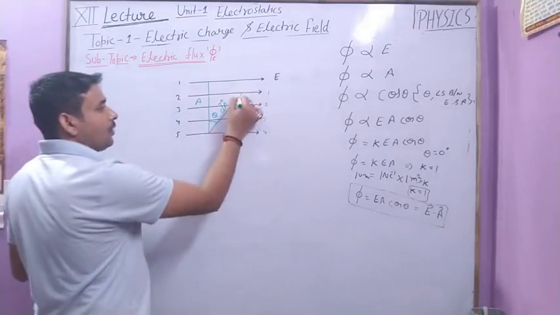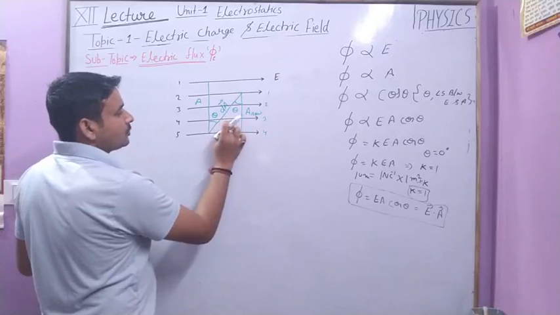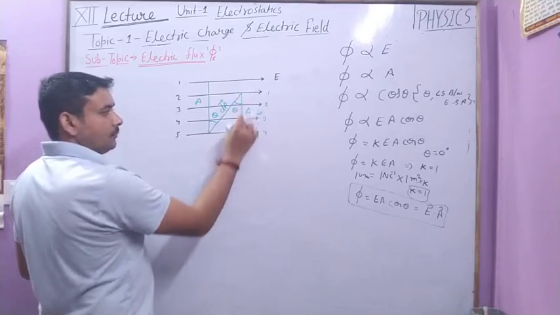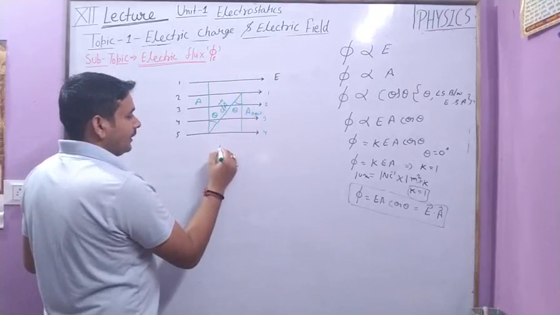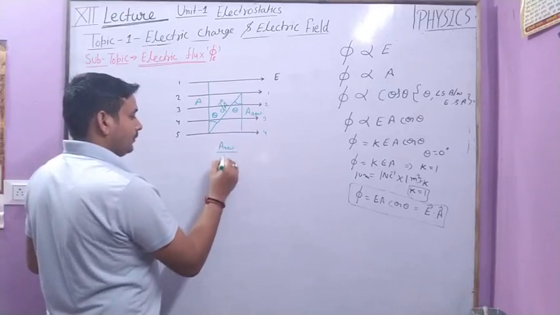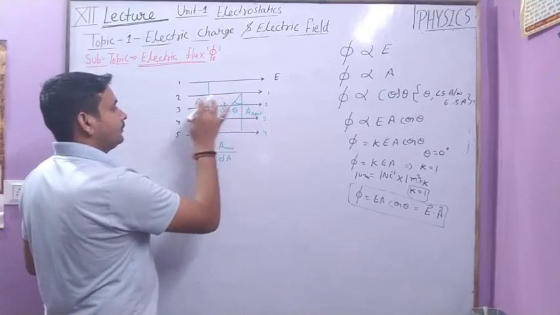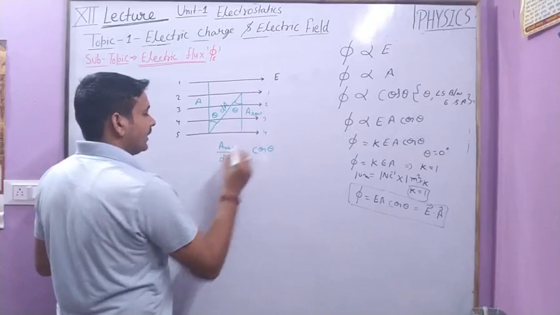Since you have the value of the hypotenuse and also the base, you can easily calculate that A new upon dA is equal to cos theta.